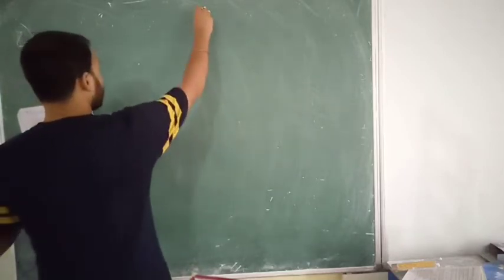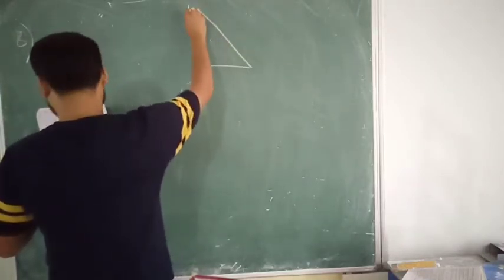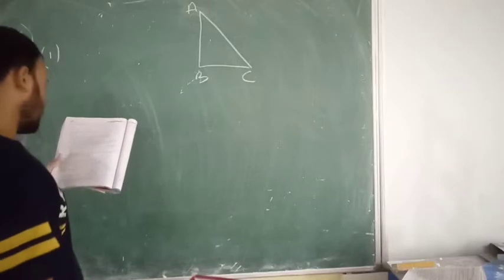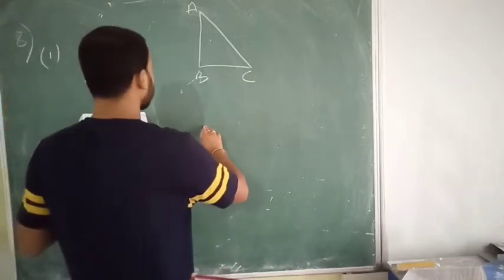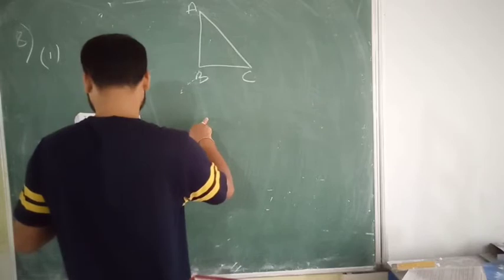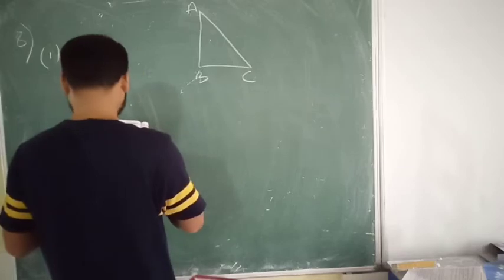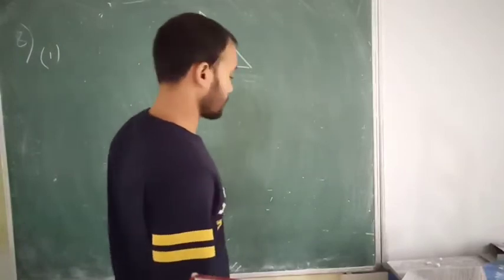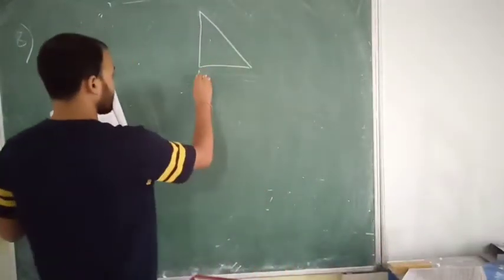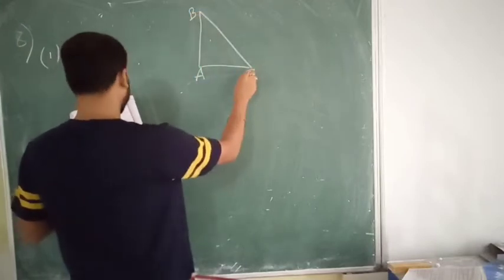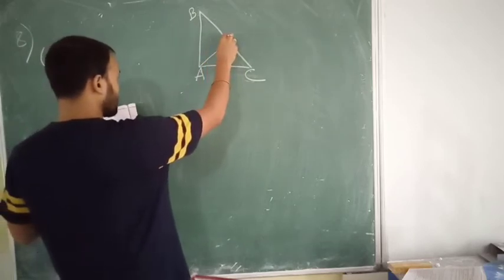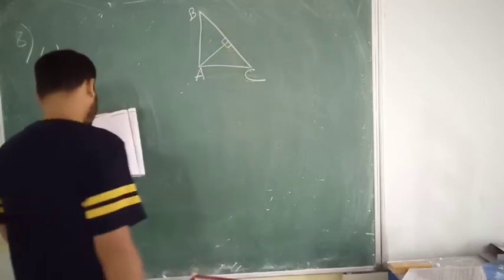ABC is a right angle triangle, right angled at A. That means this is A, this is B, this is C. Now we need to draw AD, which is perpendicular on BC. Perpendicular means 90 degrees. Okay, it will be 180 degrees.